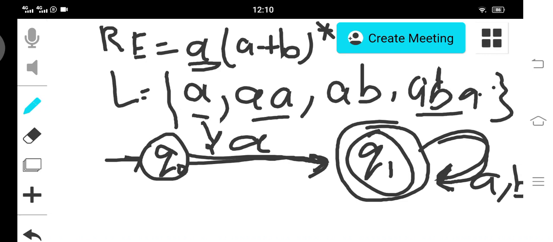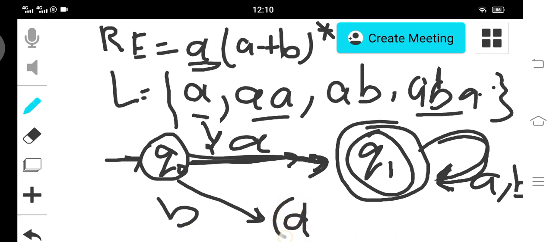But in q0 we have a transition to q1 for a, the first alphabet, but we do not have a transition for b. So we need to create a transition for b. Where is it going to lead us? It is going to lead us to the dead end. This is the dead state. So any substring which begins with b will go into the dead end.